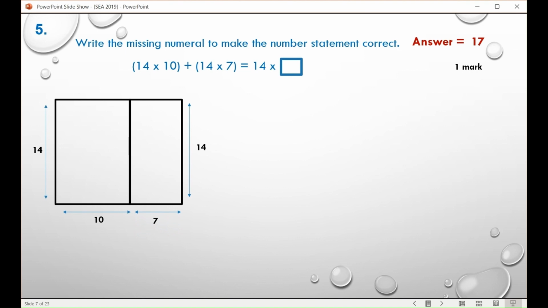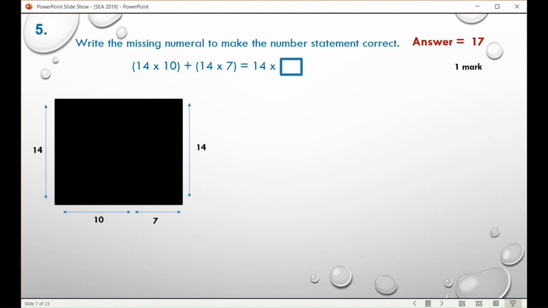As such, if we're trying to combine them, then we have the rectangle on the left side plus the rectangle on the right hand side, and that will give us one big rectangle whose side is 14 and the other side is 17. So we can see that our answer would be 14 multiplied by 17.